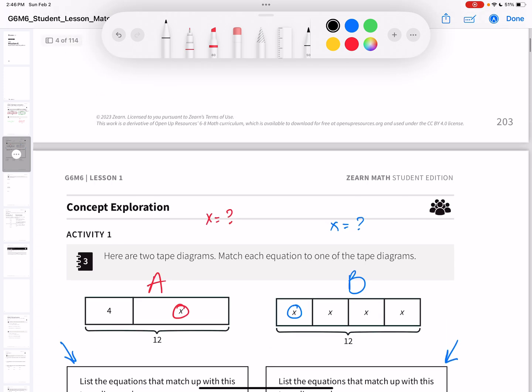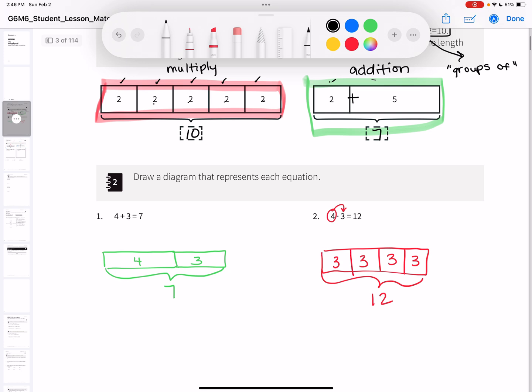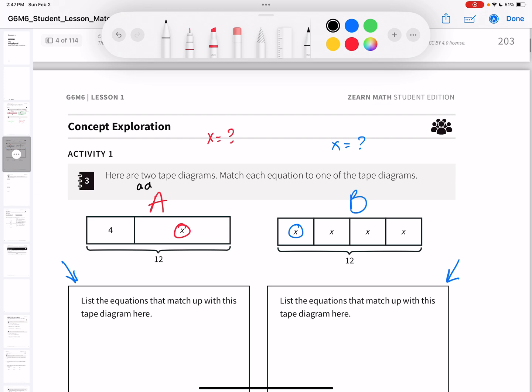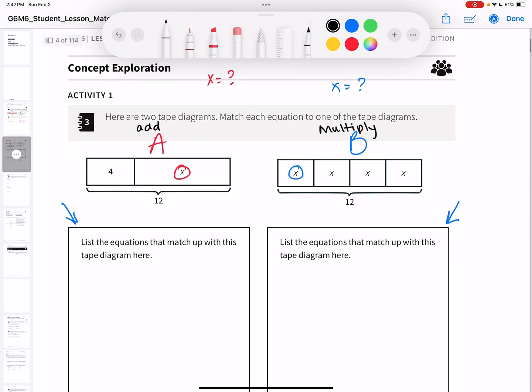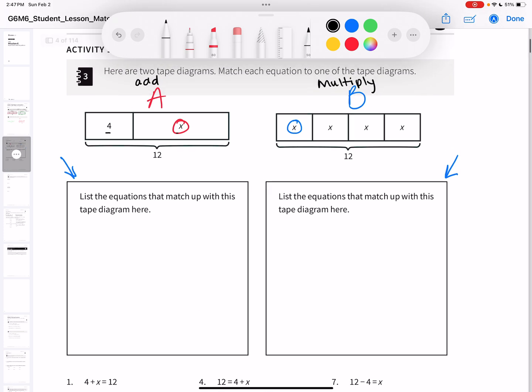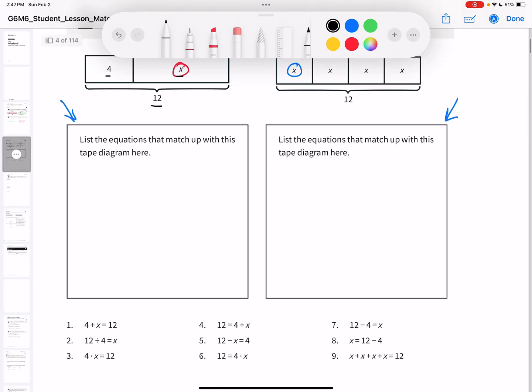Well, we know from up here that when we have uneven looking ones like this, that's going to be our addition. So this is probably us adding, and this is us multiplying, right? So do we have 4 plus x equaling 12? Yes. So this goes 4 plus x equals 12. So 1 is done.